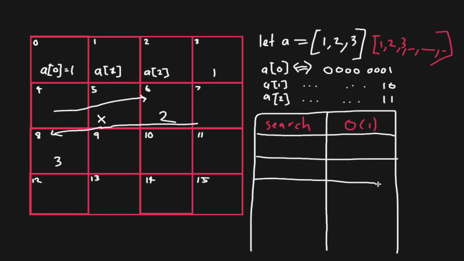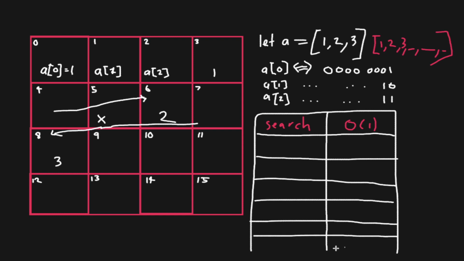So let's just add a few lines here, and if we need more, we can just simply add more. But append, or let's just say push, in the context of JavaScript. And if you're in a different language, it's obviously the equivalent in that language. But pushing to the end is an O of 1 operation.